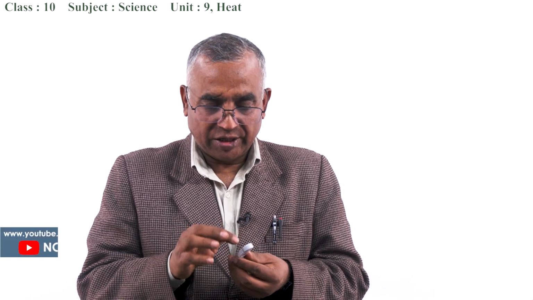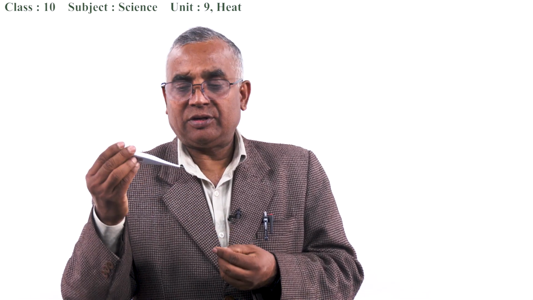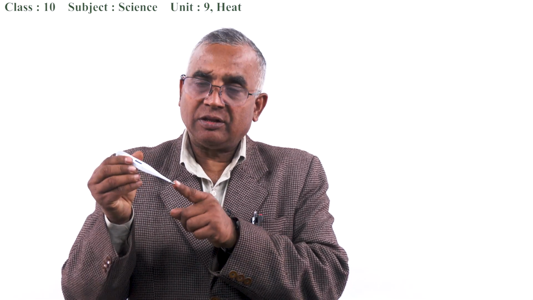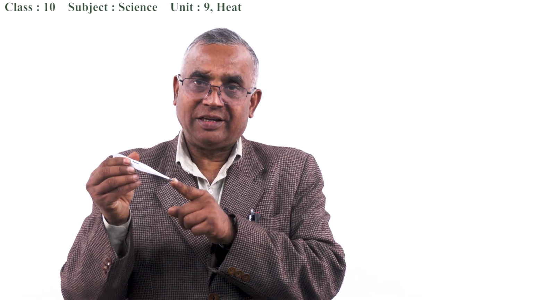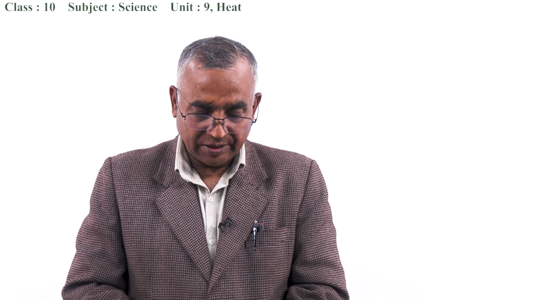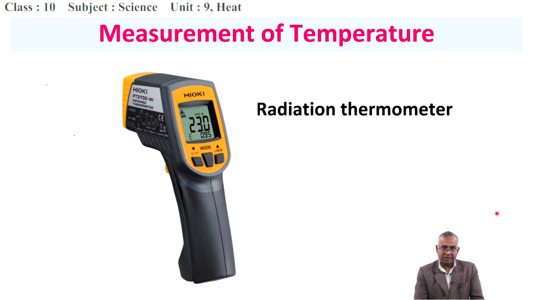Yes, so here is a speaker also to beep, and after that we take it out and find out the temperature. So here the main thing is the thermistor. Yes, that helps to measure temperature. Yes, it is digital and especially used as what? Clinical thermometer.